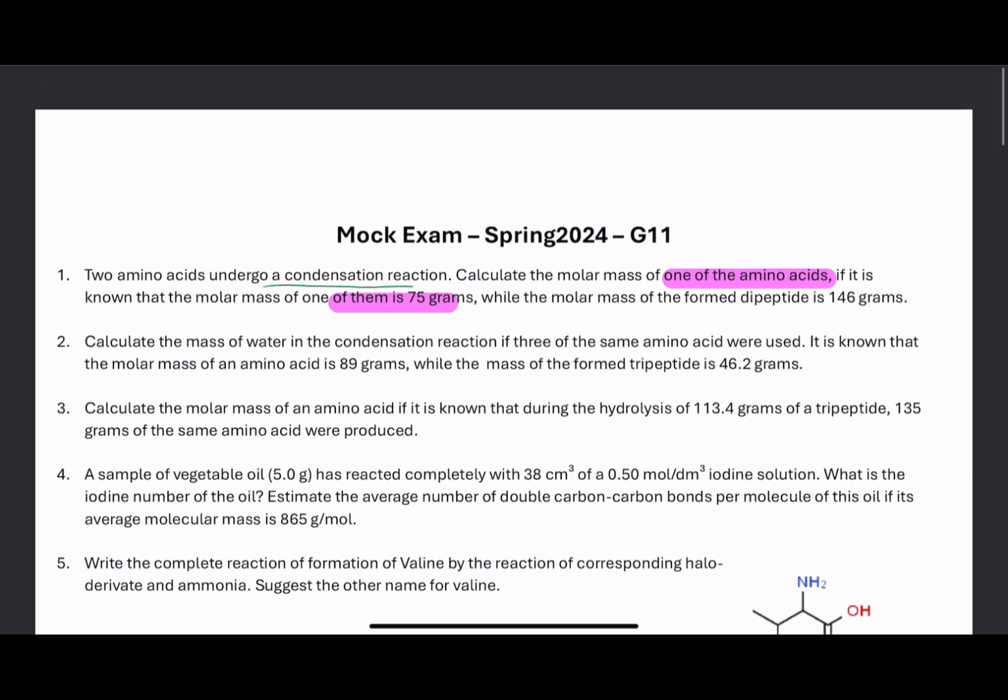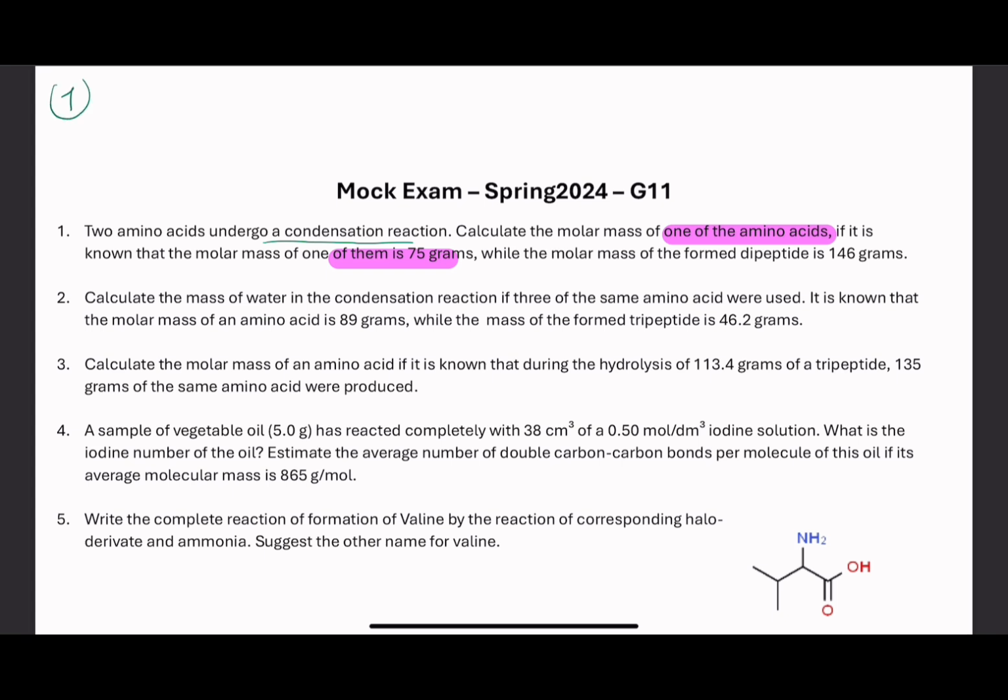Now, for the first question, we know that we have A and B amino acids. They connect together, make a dipeptide, and then we have 1 mole of water coming out. We know that one of them is 75. Let's say this is the one, the other one is X, and we have 1 mole of water, which is 18.